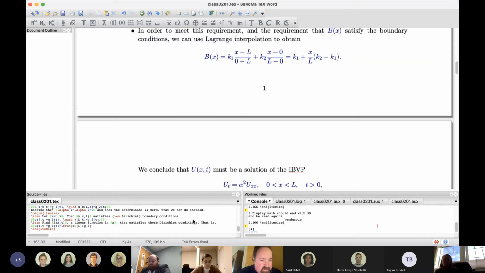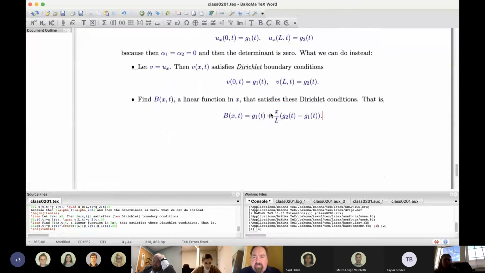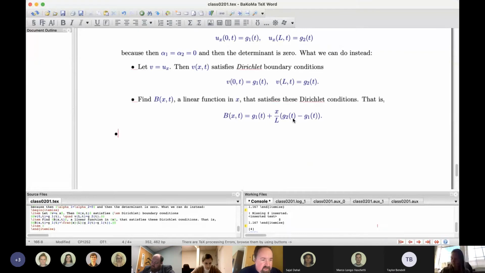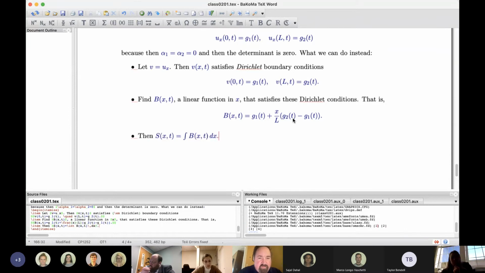I'll show you that in a second here. That function would do the trick. At x equals 0, I get g1. At x equals L, I get g2. Then s of x,t is just the integral.